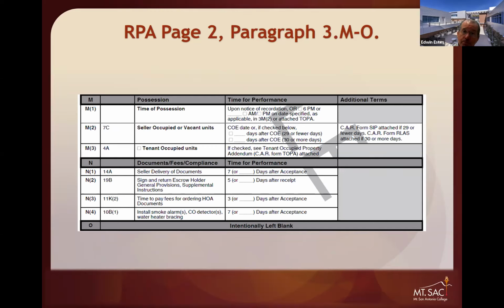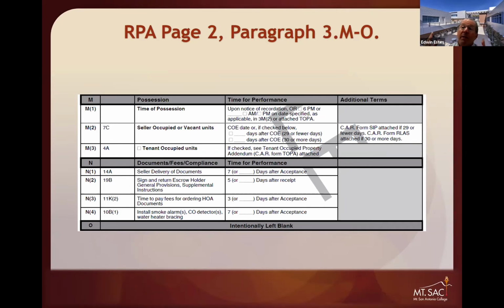Going down to M2, if the seller is going to remain for 29 days or less, we use the SIP form. If the seller is going to remain in the property 30 days or longer, we're going to use the RLAS form. That's in column 5 there. What's the difference? Well, if the seller's just there for 2 or 3 days, it's not really a big deal. They're just taking a little longer to move out.